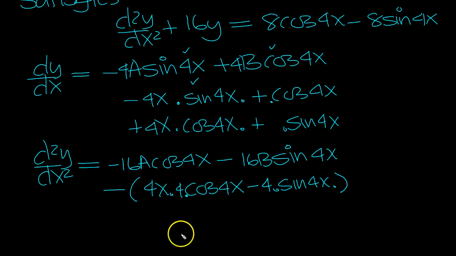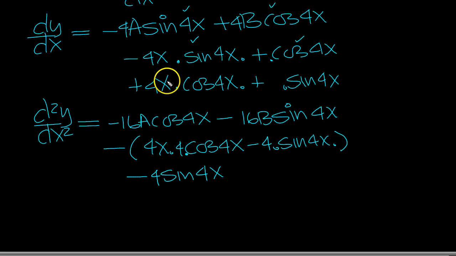Now this one, cos of something goes to minus sine of something multiplied by the something differentiated. That's that one done. Next one is here. So we've got u, I'll put it up here if I can, plus u, 4x dv dx, cos goes to minus sine with another 4, isn't it?